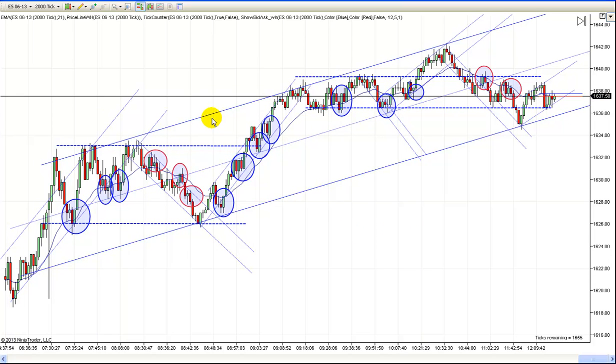Even if you didn't have these two upper lines, everything was here to know what was going on. And this is the only one, going back up, we didn't get a break of. Really, I didn't even draw any here because this was a retest, and I think this was just the second leg of the retest.